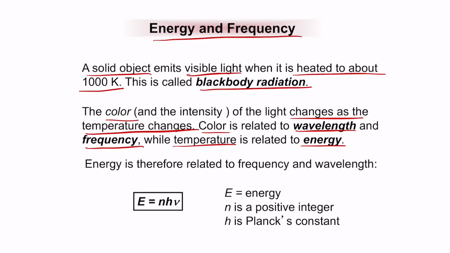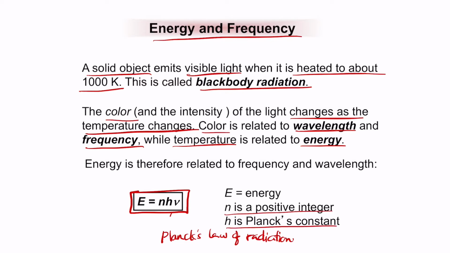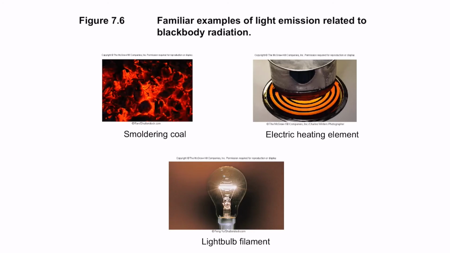Combining both comes the equation E equal to n h nu. We also call this Planck's law of radiation, or Planck's law of black body radiation, where n is a positive integer, h is Planck's constant, and E is the amount of energy.